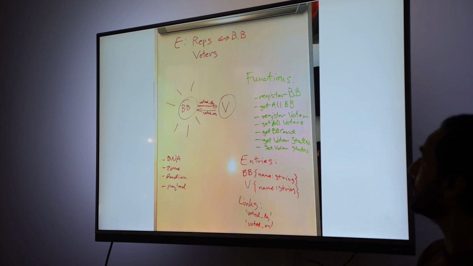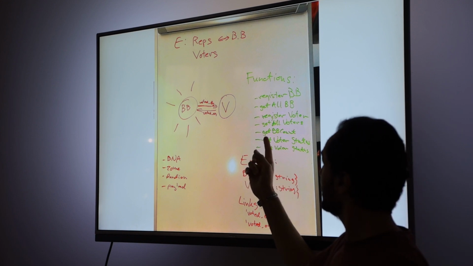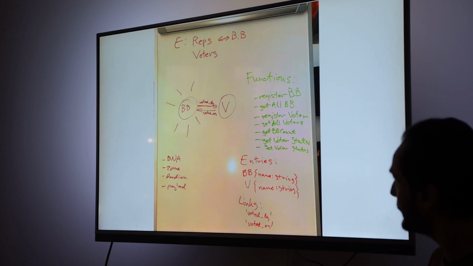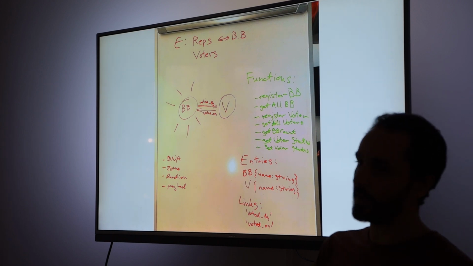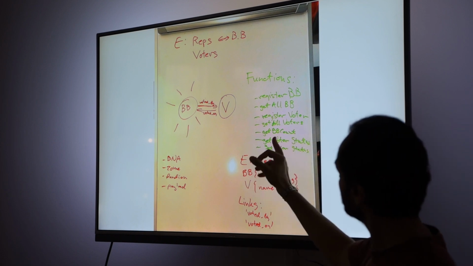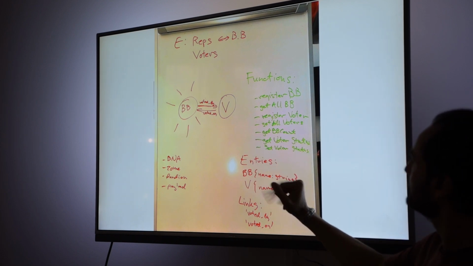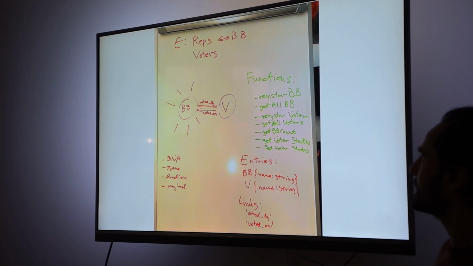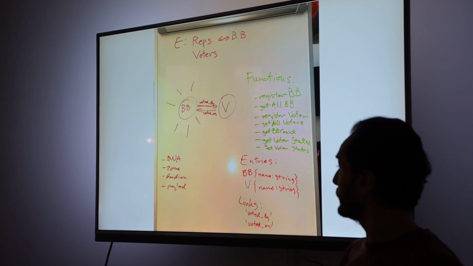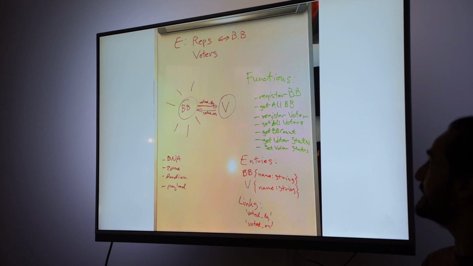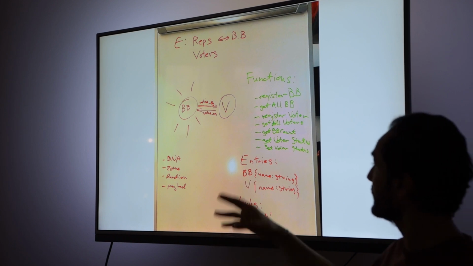A get all voters function in order to know who all the voters are, and get ballot box count, which is the result of the vote, the actual result of the vote. Simply how many votes each representative got.